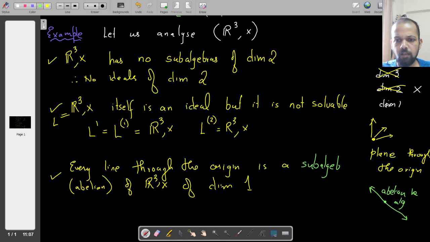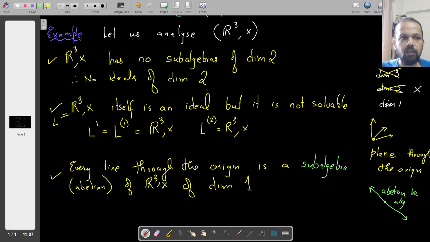Because a sub algebra requires that if you take two elements in that sub algebra and you take their Lie bracket, in this case the cross product, it remains in it. Of course, it remains because you get 0. It's an abelian sub algebra. Is it an ideal? No. Why is it not an ideal?